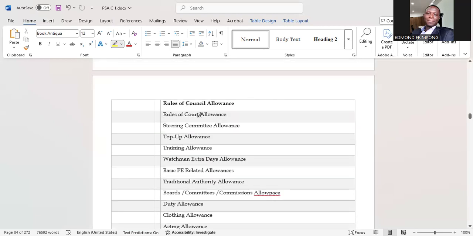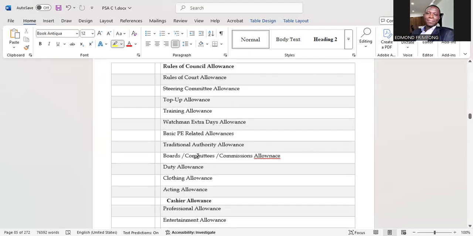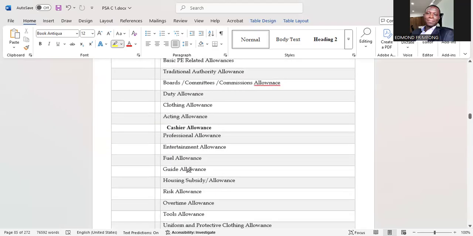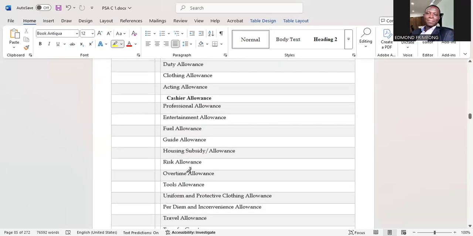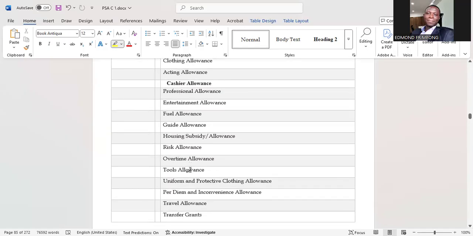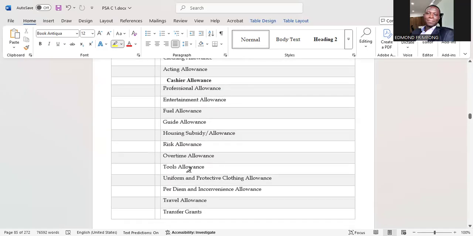So rules of council allowance, rules of court allowance, steering committee allowance. I mean, any form of allowance, duty allowance, clothing allowance, there you have it. Cashier allowance, fuel allowance, guide allowance. So you have all these things there, and the examiner will test whether you'll be able to tell that this is classified under what? Compensation of employees.